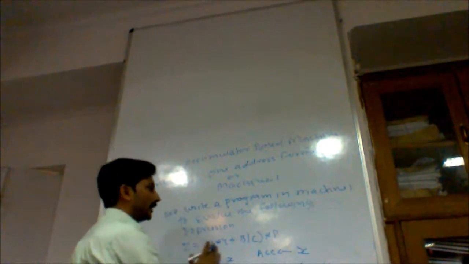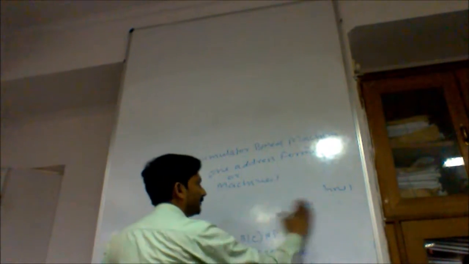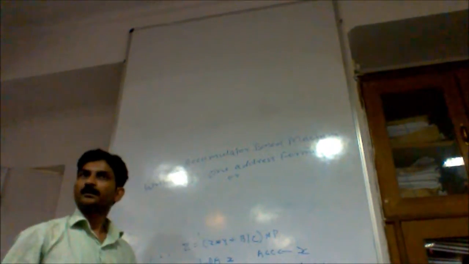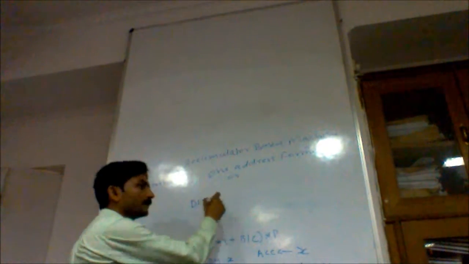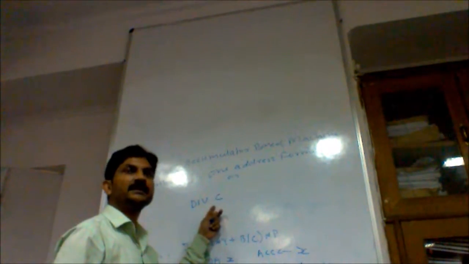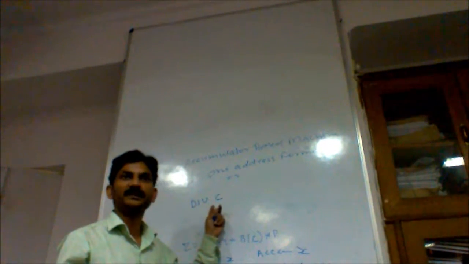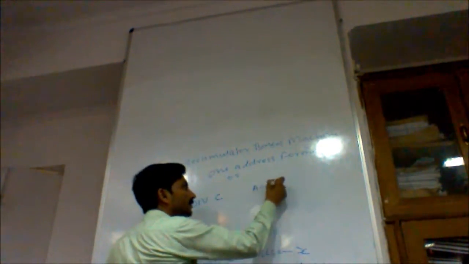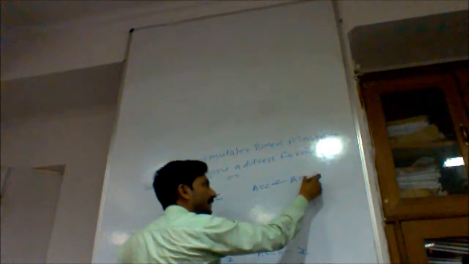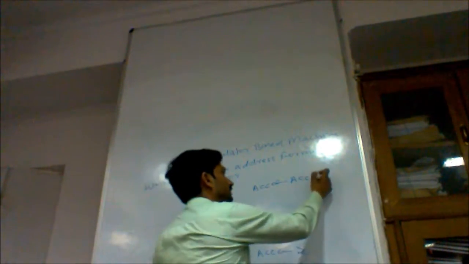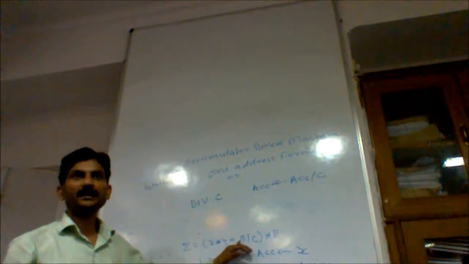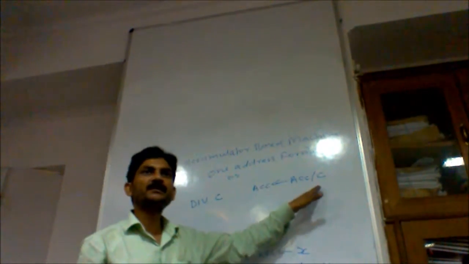Next statement: first you have to load it, then DIV C. That means the accumulator is divided by C, and the value of the accumulator is equivalent to B. So AC becomes AC divided by C. So B value is in the accumulator.